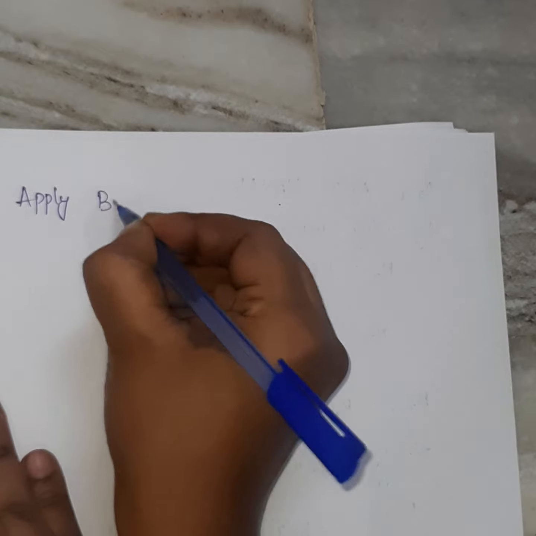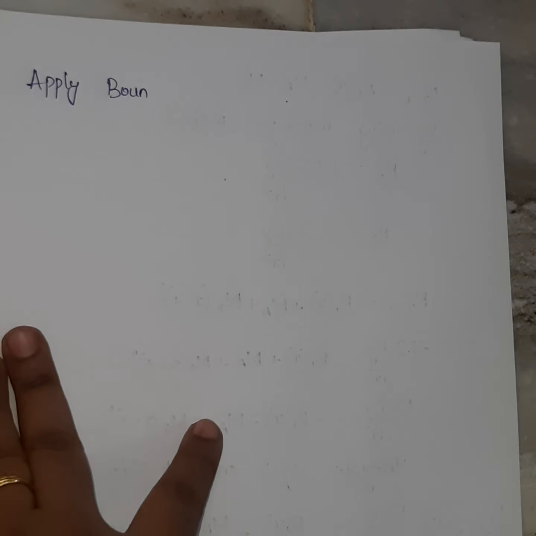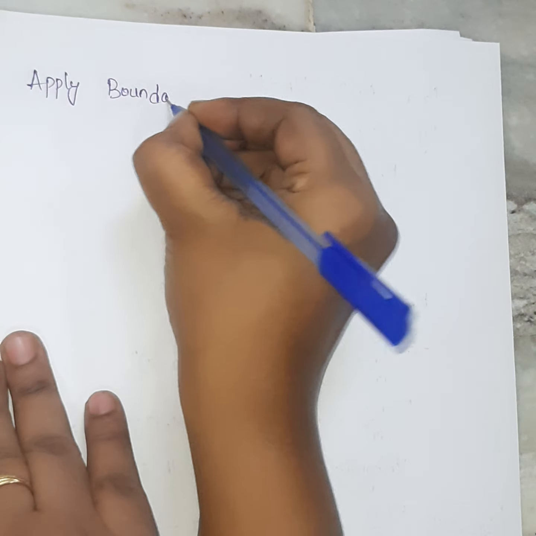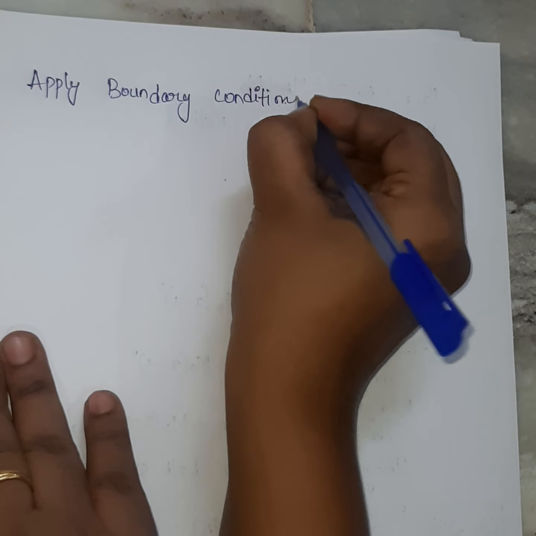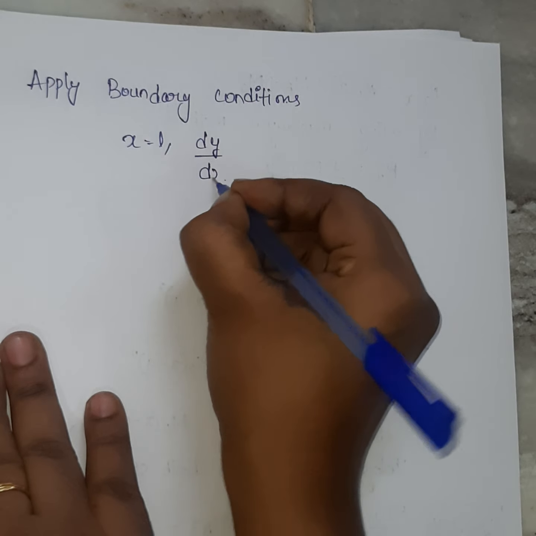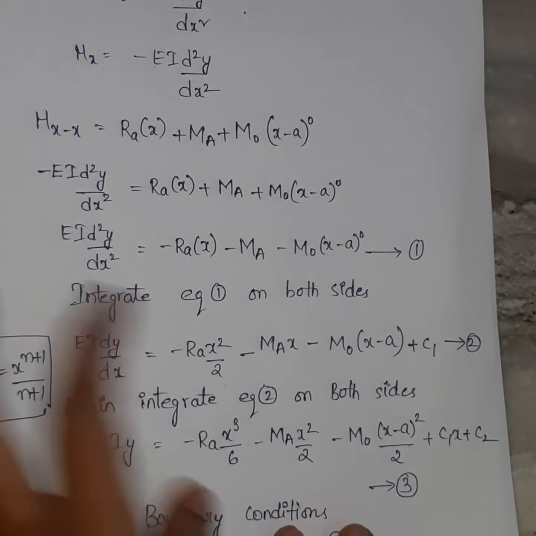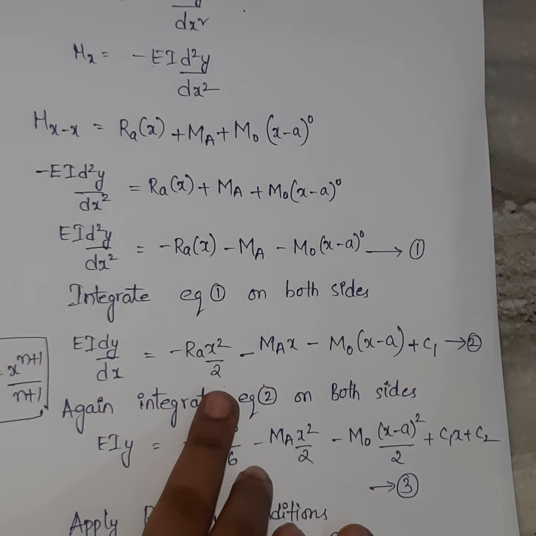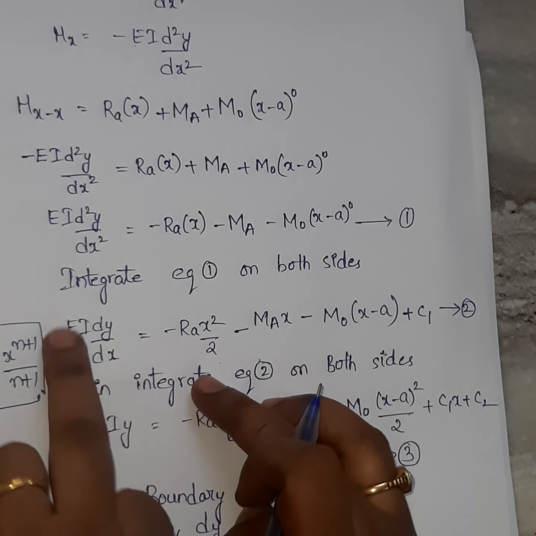Next, apply boundary conditions x is equal to L and dy by dx is equal to 0. What will you get in equation number 2? You will get this part is 0.